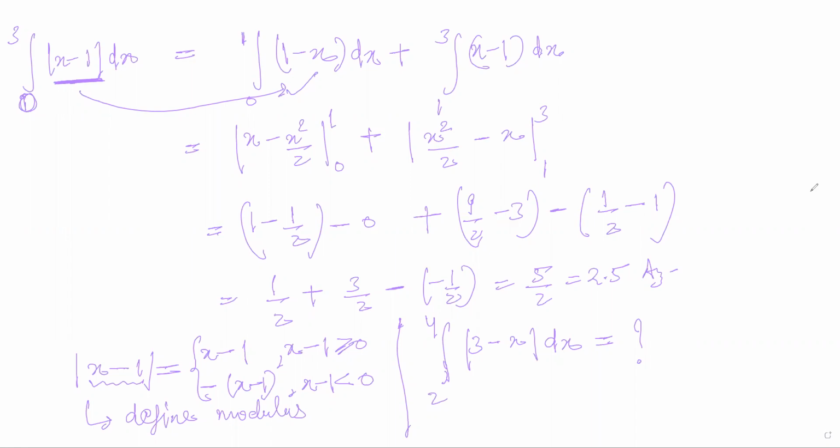So if 3 minus x is positive, greater than or equal to 0, the answer would be 3 minus x itself. But if 3 minus x is negative, that is less than 0, the answer would be x minus 3. Simply change the sign. You will get two values.